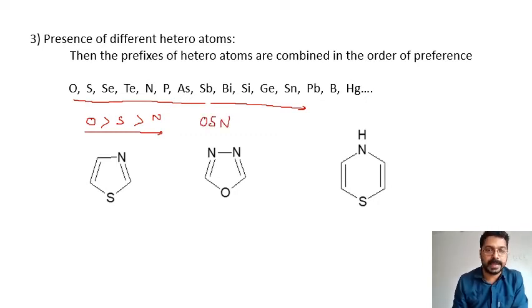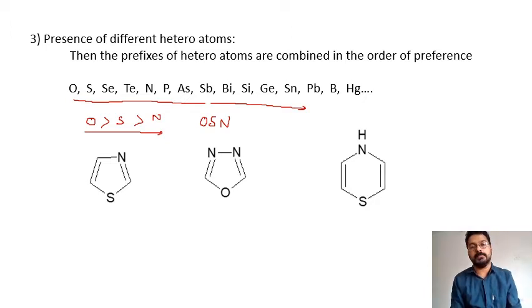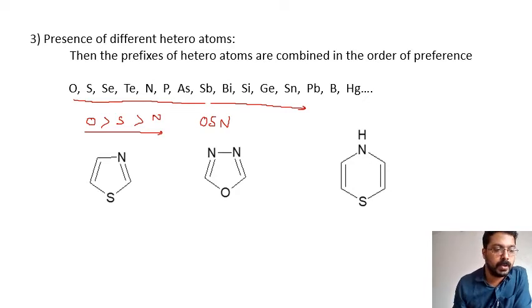OSN. So in the case of numbering, the first number should be given not to nitrogen, and it applies to naming also. You have to write not aza plus thia.